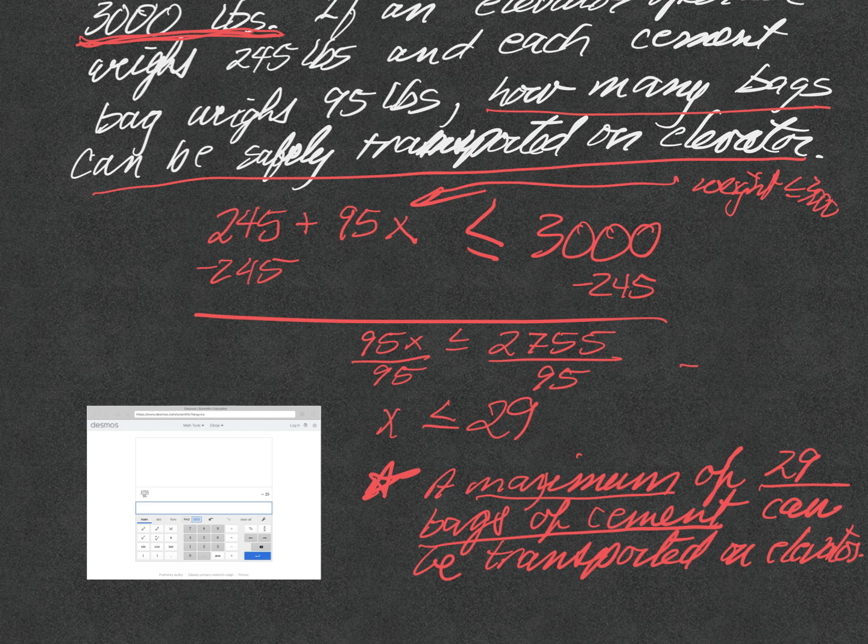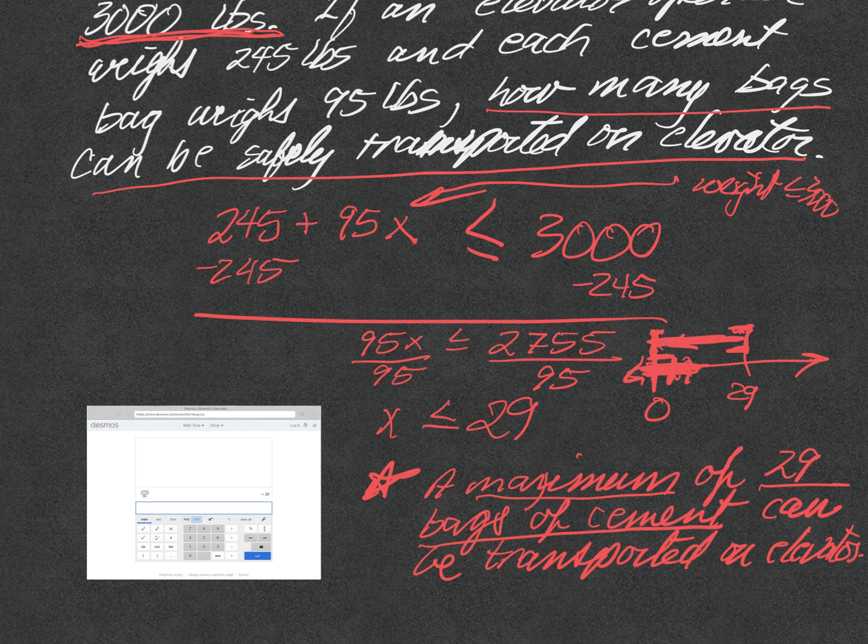Just so you know, if desired, you could note that you have less than 29, and so it's actual bags. So you go to 0 here, because you can put 0 bags on the elevator, and you could put any number up to 29.